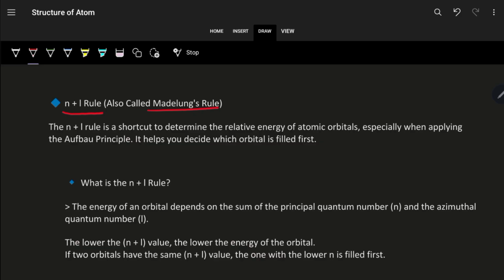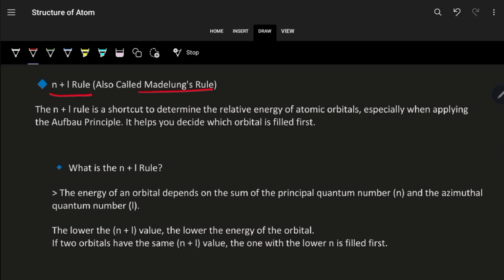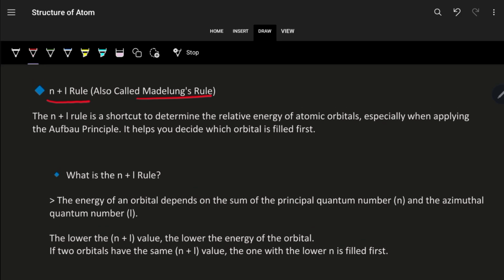That means a lower value of N+L will be filled up first, followed by a higher value of N+L. Lower N+L value, lower is the energy of the orbital. That's why it is filled up first.